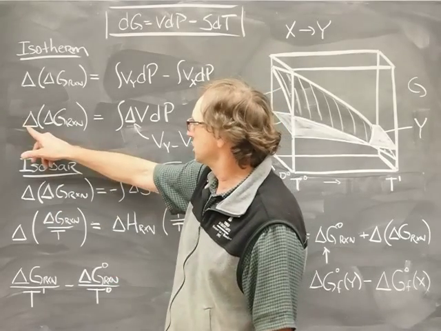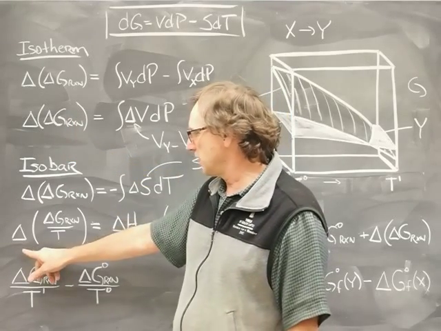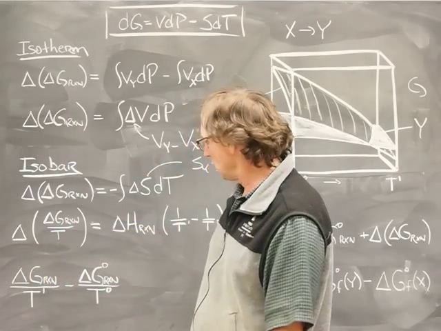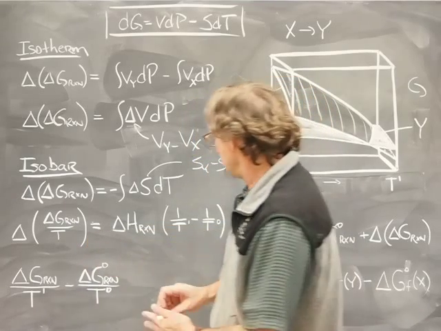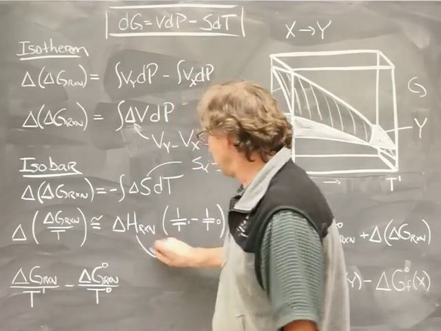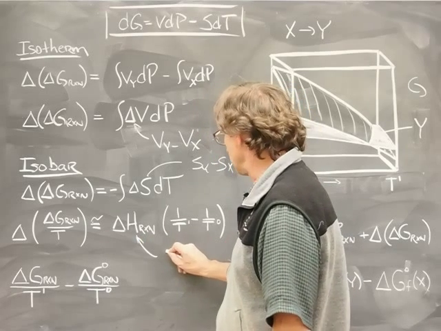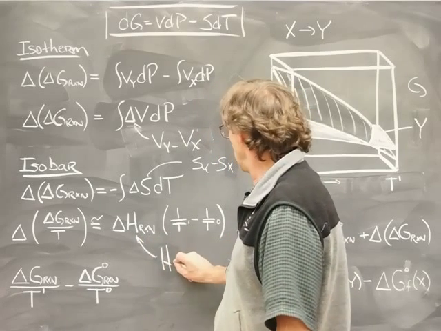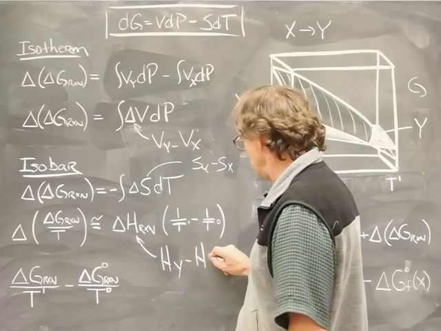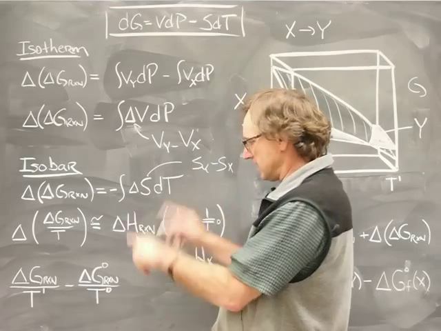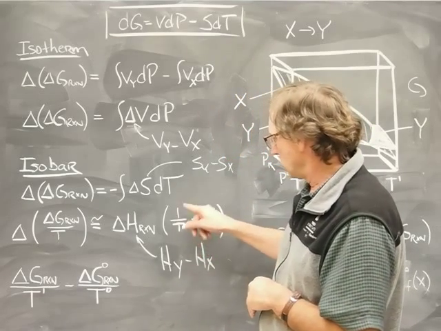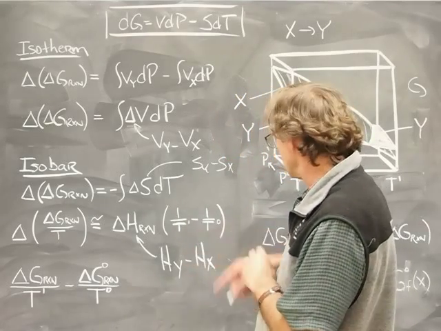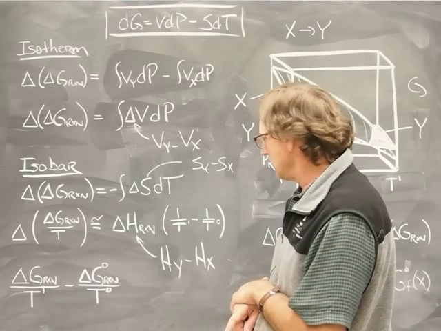So we're not looking at the change in delta G by itself, we're looking at the change in delta G over T. Okay, well, that's supposed to be equal to, approximately, the enthalpy of the reaction, and that enthalpy of the reaction, of course, is now going to be H of Y minus H of X, times this difference right here, 1 over T prime, the new temperature, minus 1 over T naught.